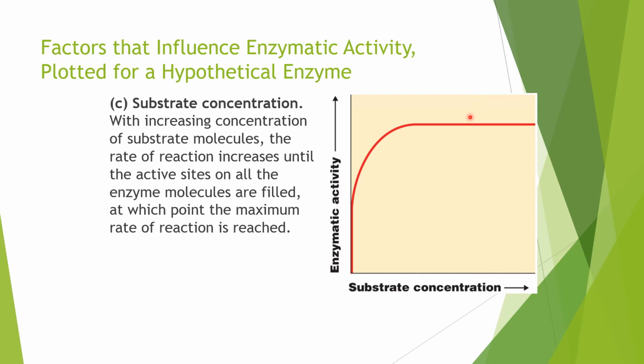So we say the enzymes are basically saturated. They're saturated with substrates, and so at the beginning, the more substrates you add, the faster and faster the reaction goes, but there will come a time where all your enzymes are currently occupied by the substrates. So even though you keep adding more and more substrates, that's it. The reaction cannot go any faster. It will plateau.